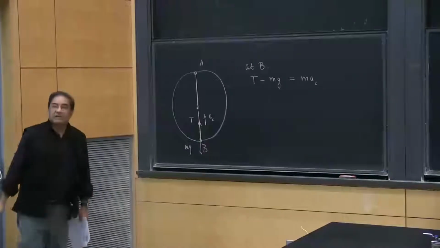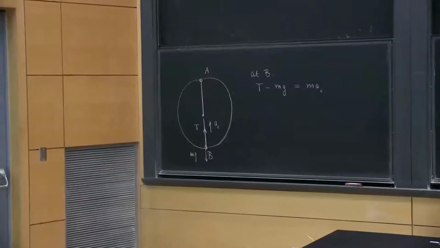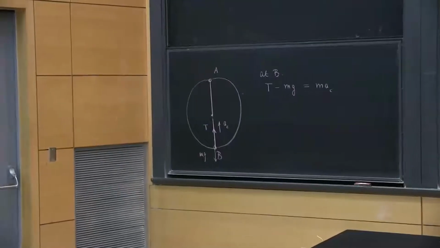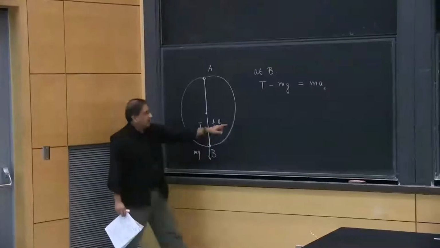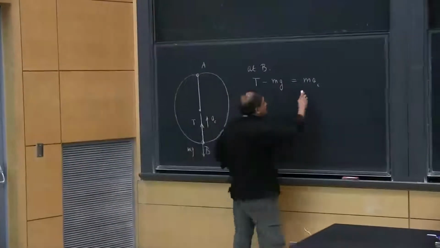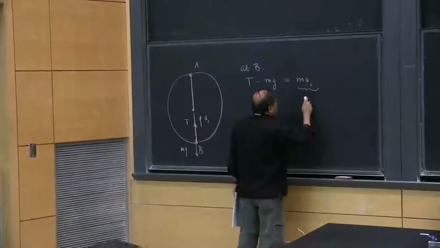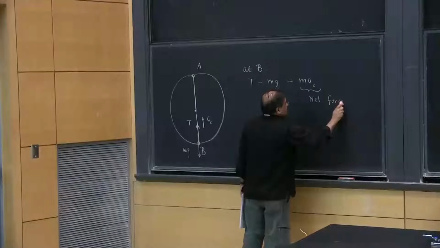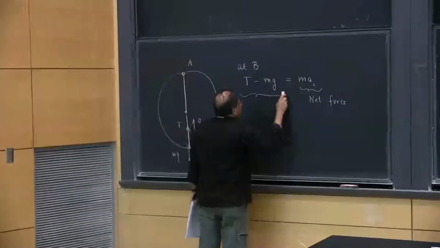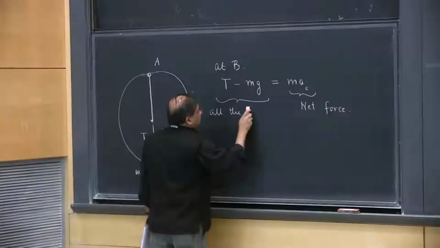This is where students have a great deal of trouble, because setting up the force equation requires you to be conceptually very clear about what's happening. You can see that the right side deals with the net force, and the left side deals with all the forces responsible for the net force.